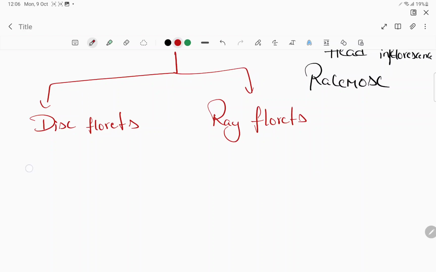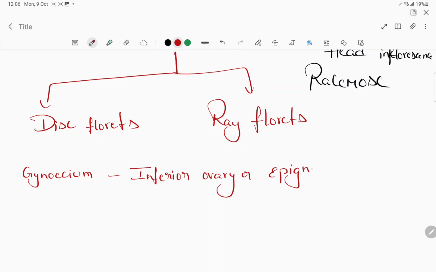Here, coming to the gynoecium, we have an inferior ovary, or epigynous. Okay, so here we have a very interesting thing about the disc florets. Let's talk about the very first thing about them.